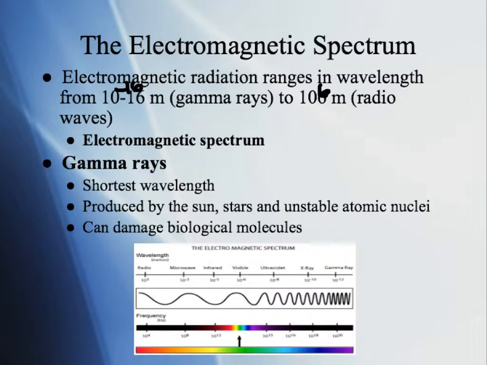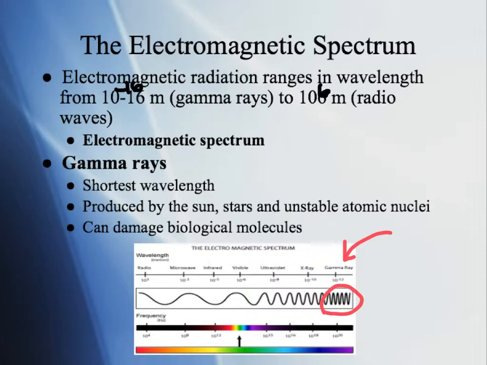So this is what we call the electromagnetic spectrum, going from super tiny wavelengths to really big wavelengths of energy. Let's start with the super tiny wavelengths. Gamma rays are over here on the electromagnetic radiation. We can see that they have the shortest wavelengths.